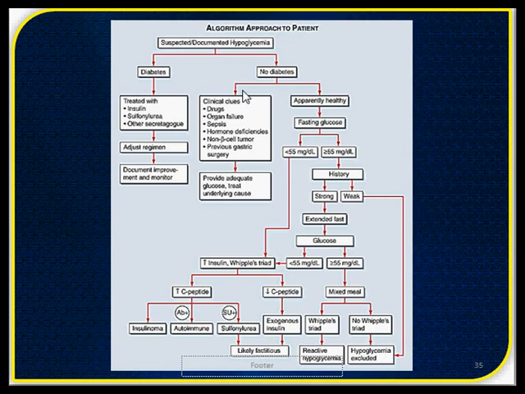If the patient does have some clinical clues, like use of drugs which can cause hypoglycemia, sulfonamides, pentamidine and many other drugs which we have listed, or he has organ failure like hepatic failure, renal failure, cardiac failure, or very severe sepsis which could be the cause of hypoglycemia, or hormone deficiencies like Addison's disease, or non-beta cell tumors which produce excess insulin-like activity, or previous gastric surgery, dumping syndrome, these things should be considered.